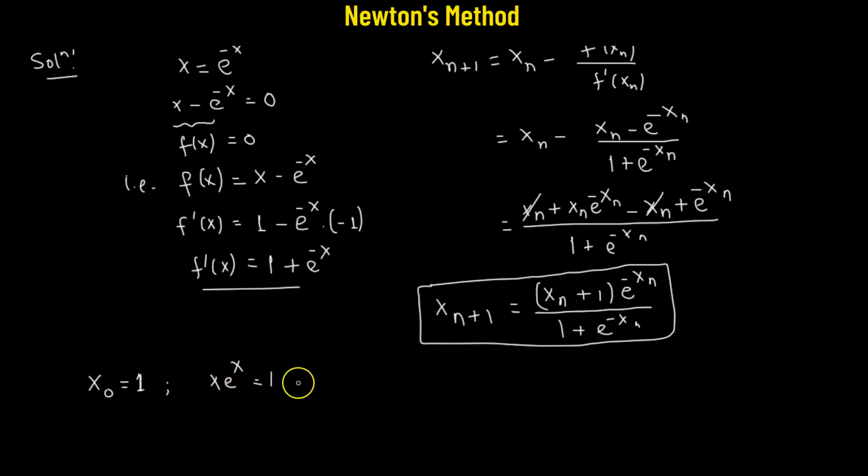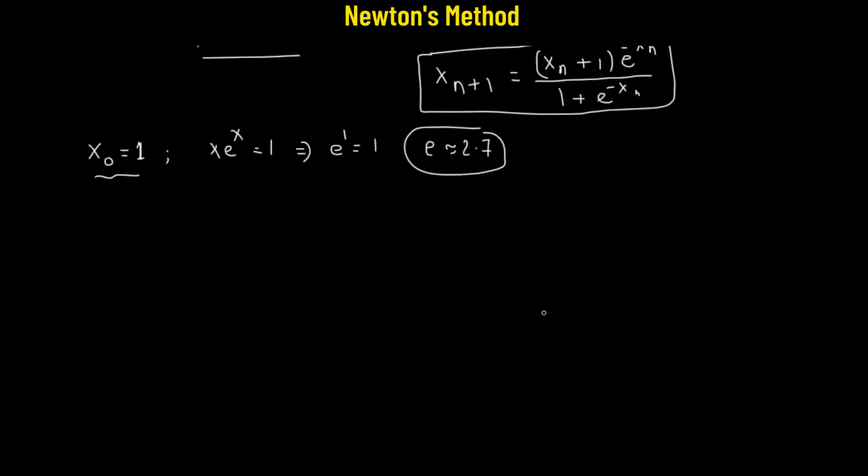If we substitute x with 1, then we have e^1 equals 1. So this is not a very good guess, because we know that the value of e is approximately 2.7, so we are quite far off. But then again, to begin with the problem, 1 is a pretty good guess because we are close to 2.7. Also, it will help us solve this particular problem.